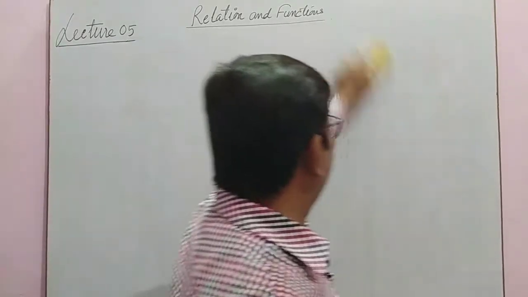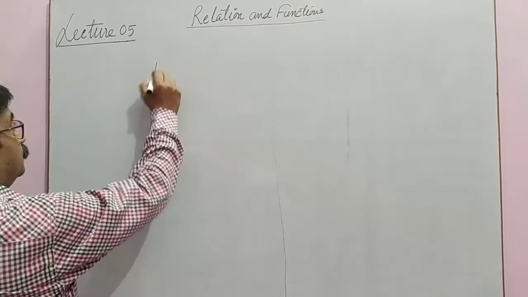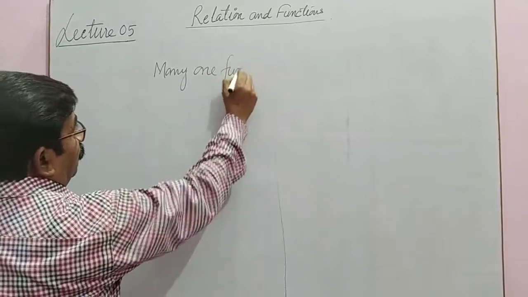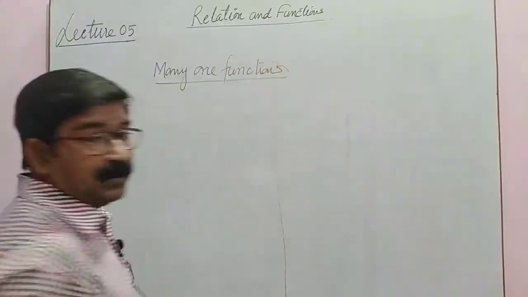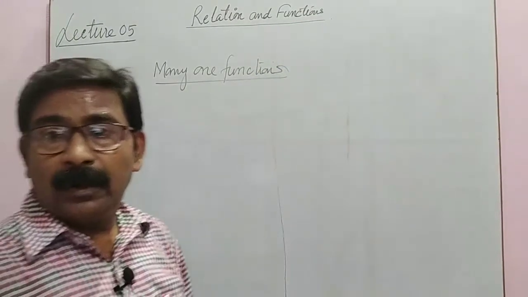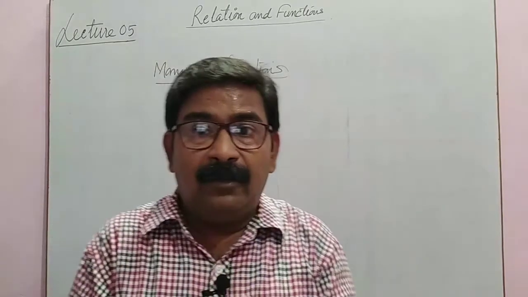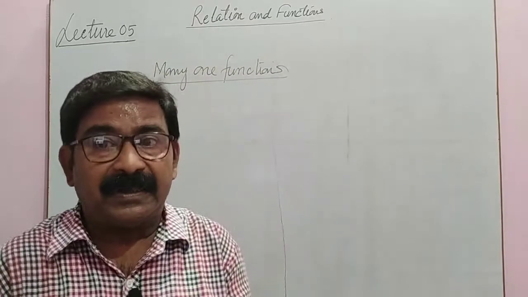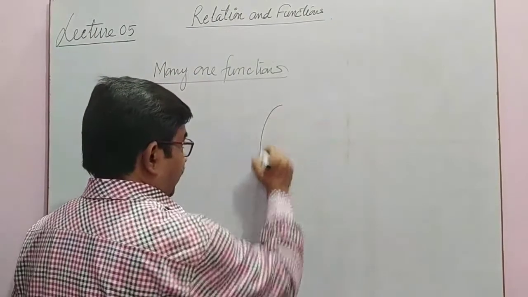First I am giving one example. Many-one functions. Just go by the words many-one. Many to one means many pre-images can have one image. For example, I am giving the idea.